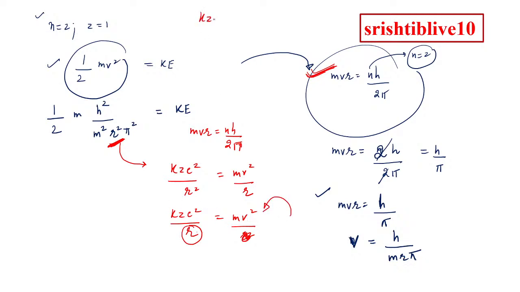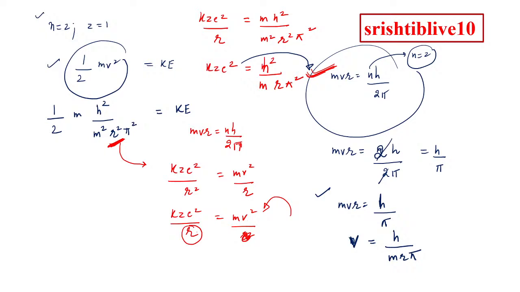So it's going to be kze square by r is equal to m, right, h square by m square r square pi square. This is how I can substitute the value. So this r and r will cancel out, and one m will cancel out. It's going to be kze square, h square, this is 1 m over here, this is 1 r, and this is pi square.